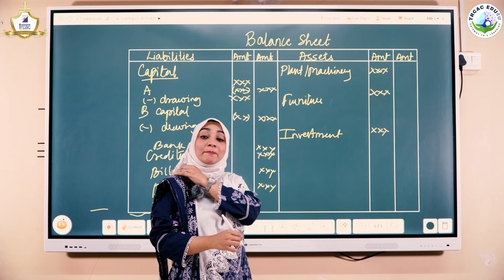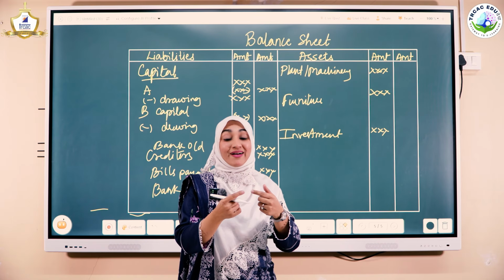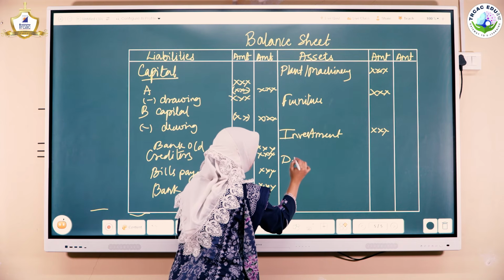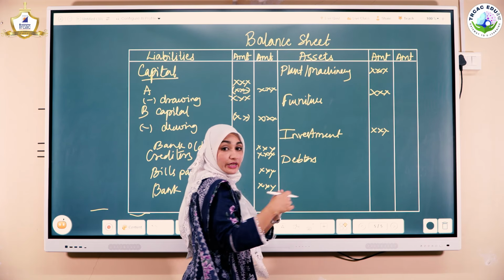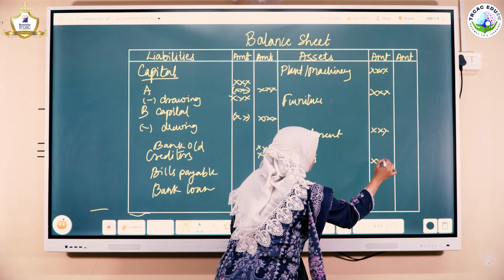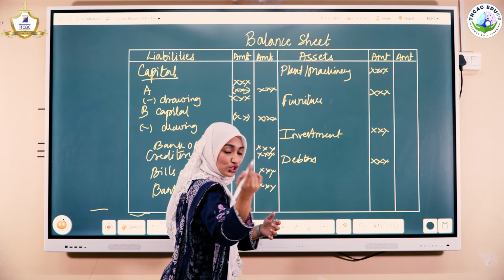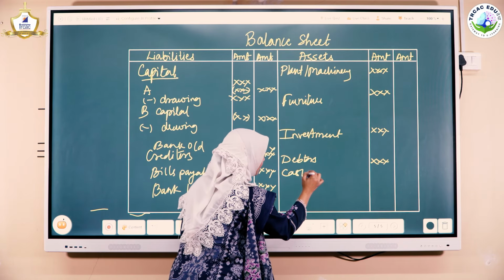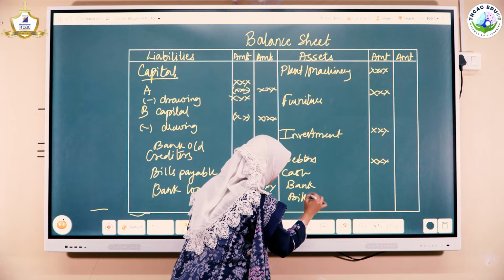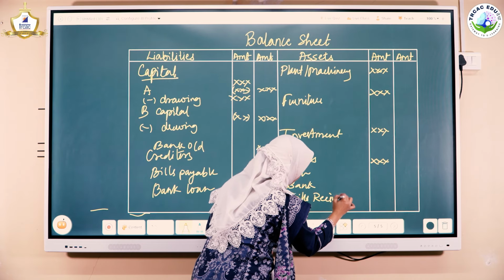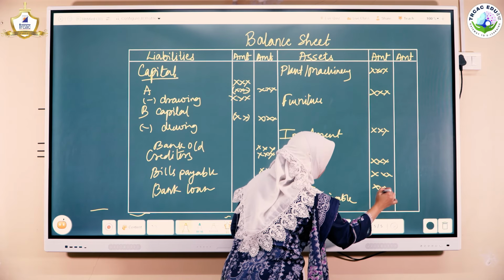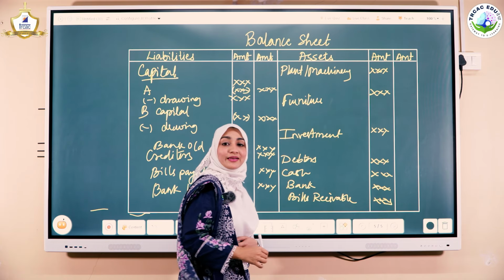Okay, and the final part covers all types of current assets. Current assets are like debtors, whether you call it sundry debtors or debtors, both are the same. Then you have cash, bank, bills receivable. Clear?